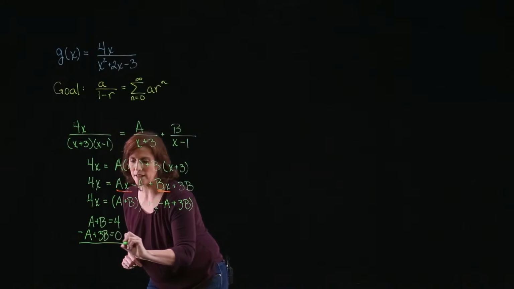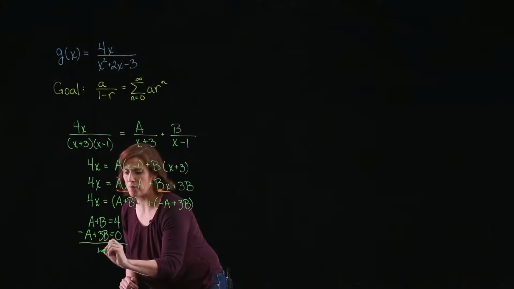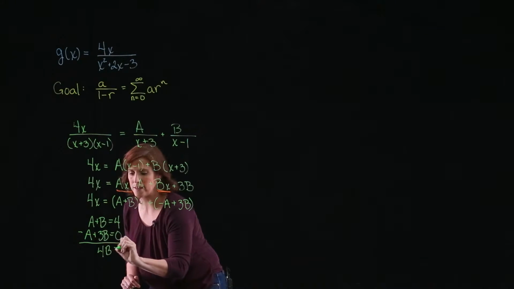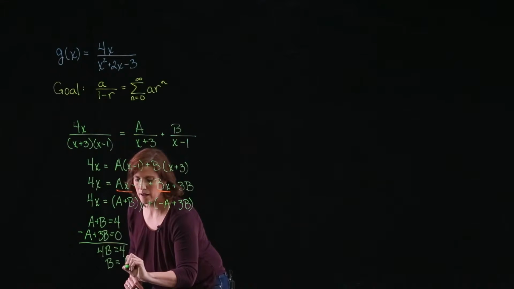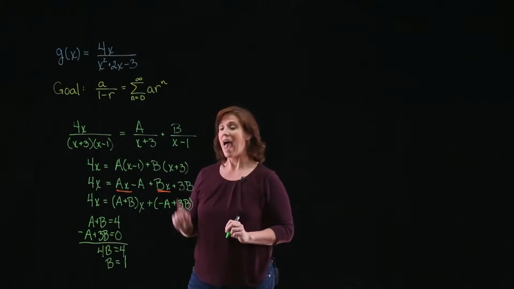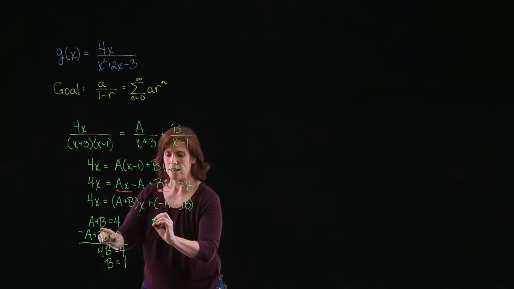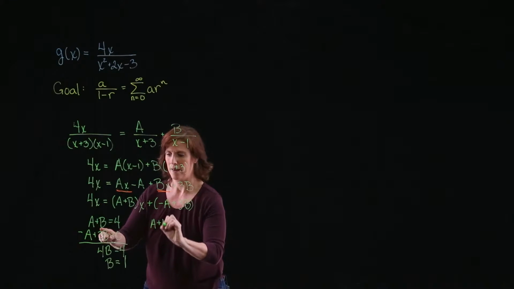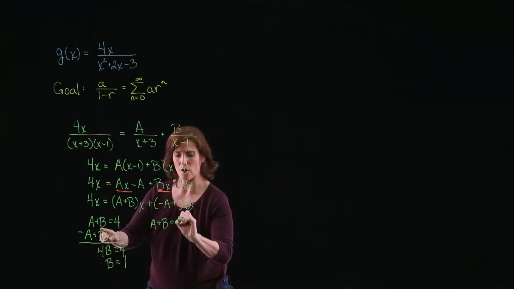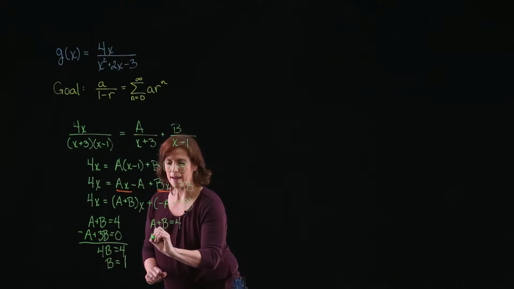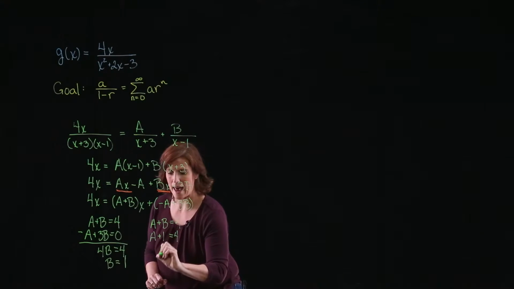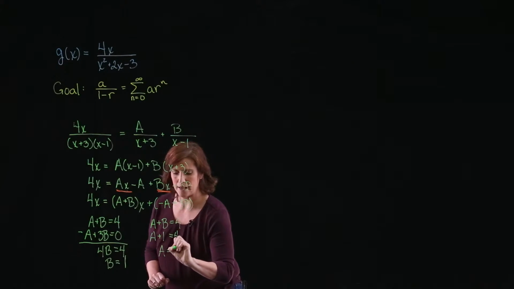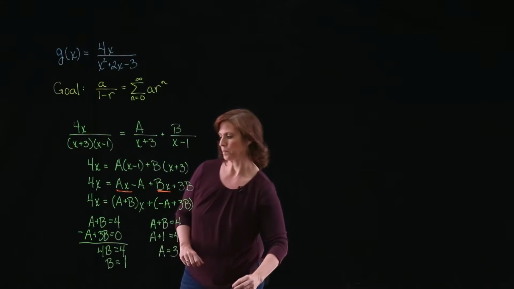And that system of equations tells me that 4b is going to equal 4, which means that b equals 1. And if b equals 1, I know that a plus b equals 4, so a plus 1 equals 4, and a is going to equal 3.